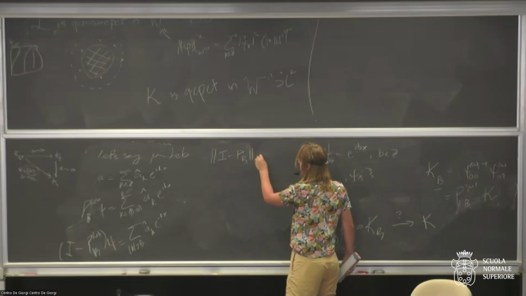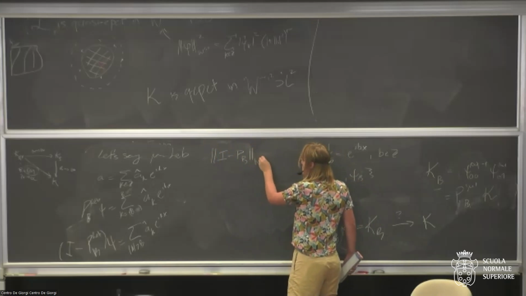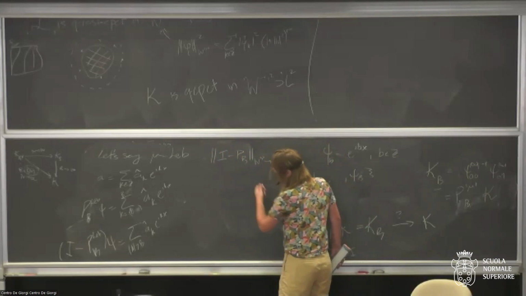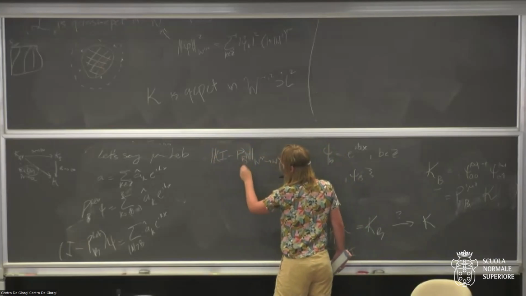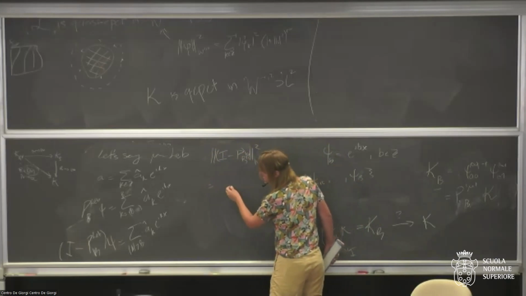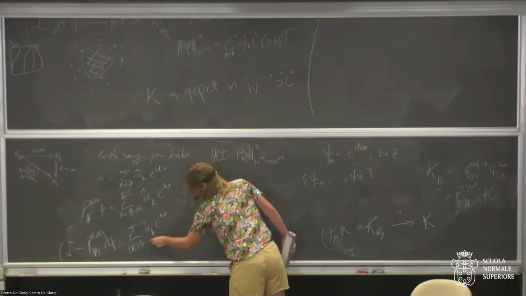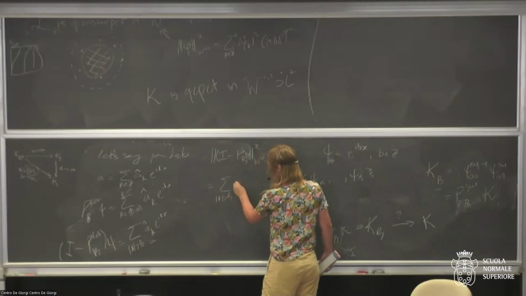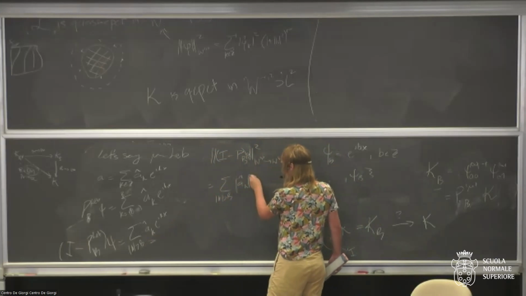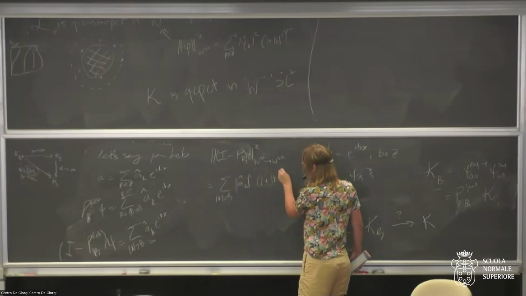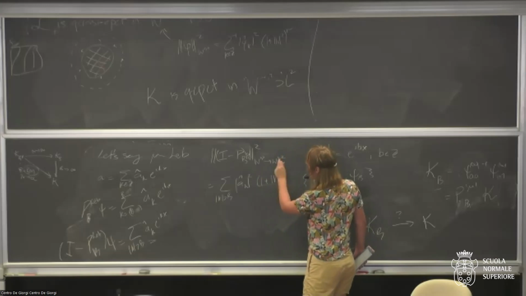So if I think about the H^t norm of this function A, if we square it, this is just the weighted sum of these terms: the sum over k bigger than b of a_k hat squared times the weight you get in a Sobolev norm, to the power t.